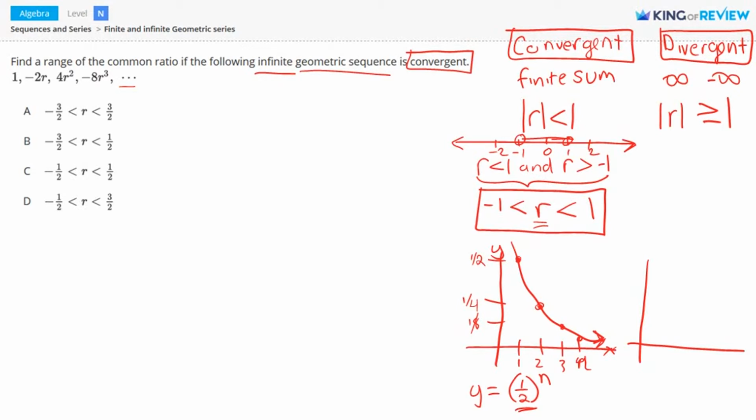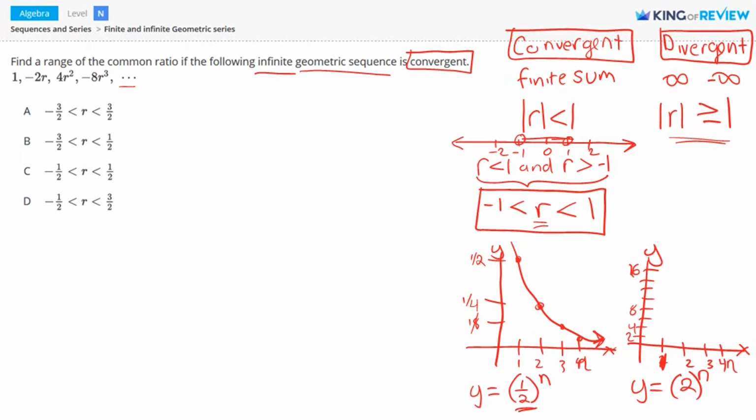Now let's take a look at this condition here and graph a divergent series. So the absolute value of r must be greater than or equal to 1. So let's choose a common ratio of 2. So y equals 2 to the nth power.